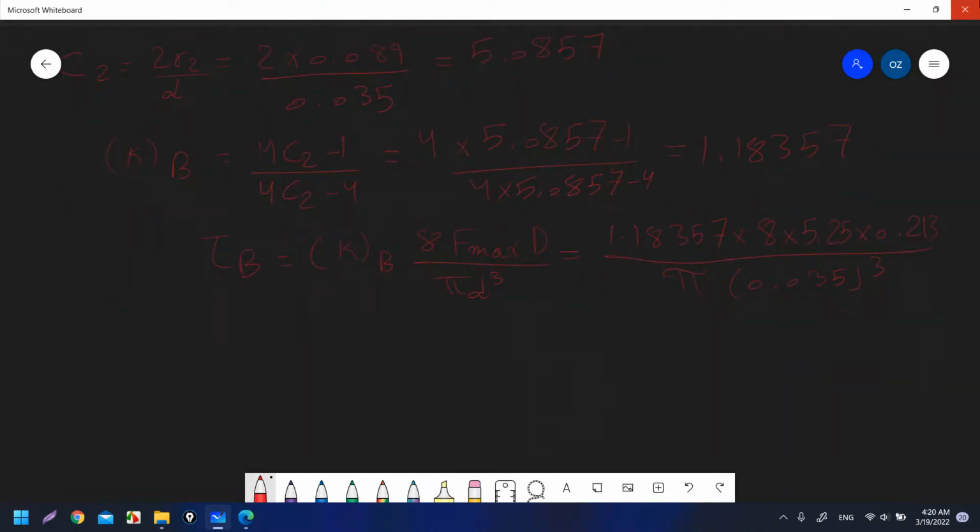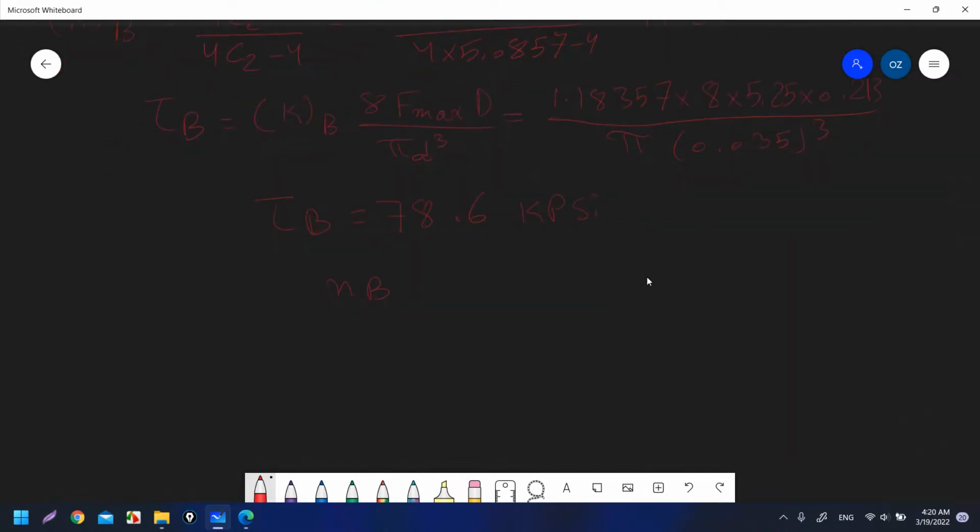Okay, so tau B will equal 78.6 kilopound per square inch, and then the factor of safety at point B will equal the shear yield strength at point B over tau B. This will equal 105.88 over 78.6, and this will give me 1.347.